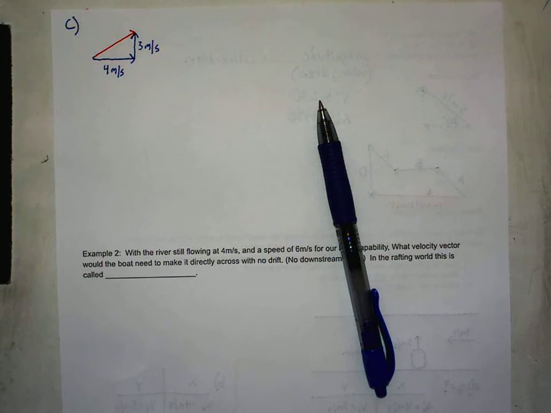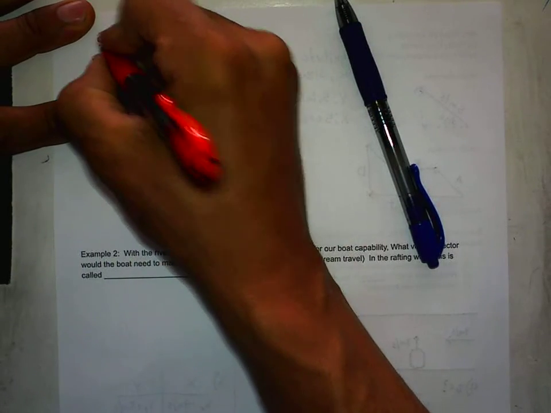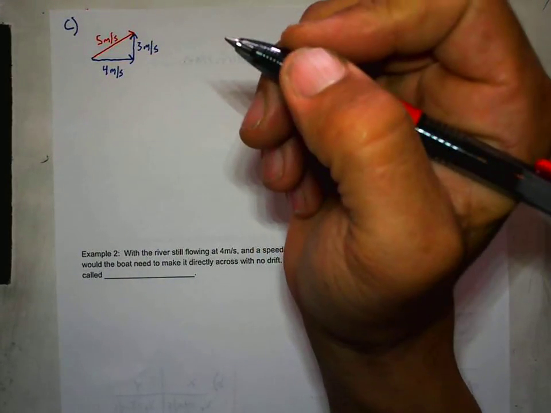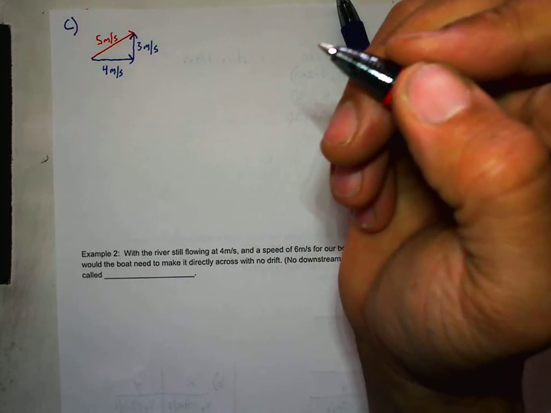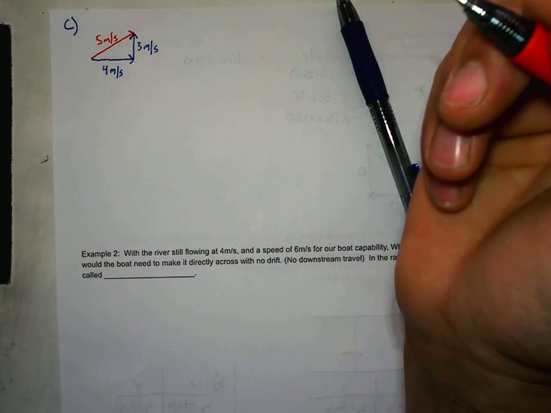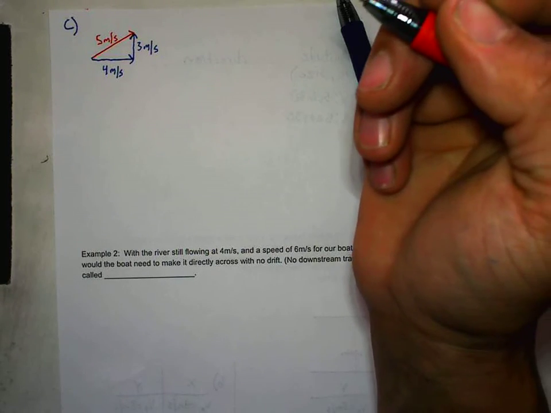Here's where we've got to get a little triggy. Now what's that resultant vector? It's 5. It's a 3, 4, 5 triangle, right? So we don't even need to do anything with that on our calculators, but if it were more complicated, we would use good old Pythagorean theorem. Now we're not quite done. It's going to appear to someone on shore that they're going 5 meters per second.